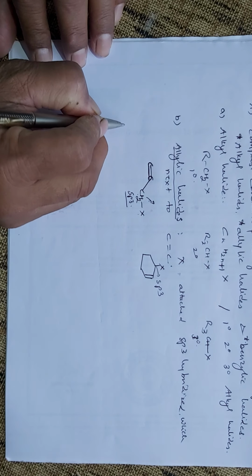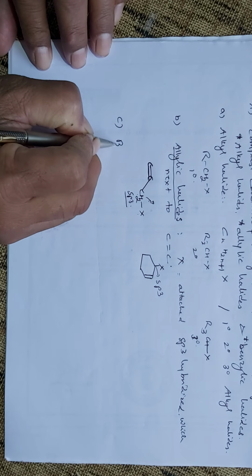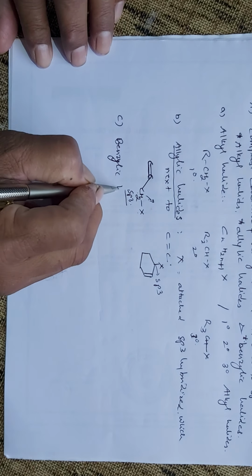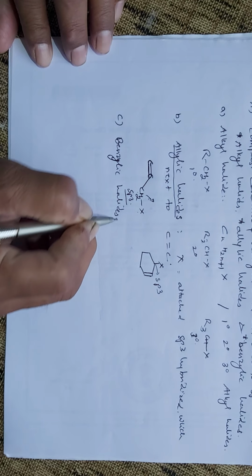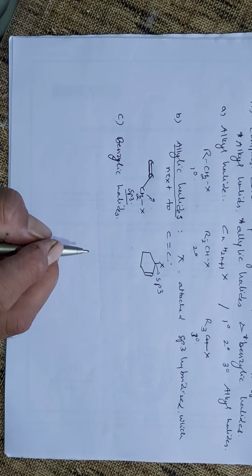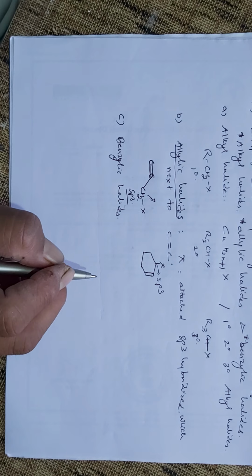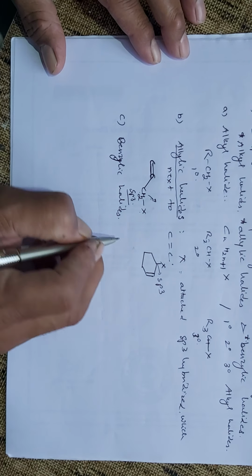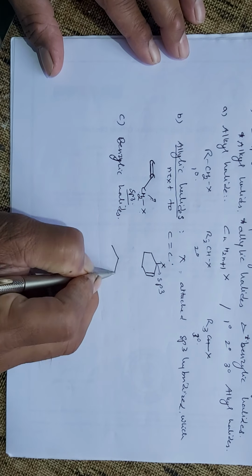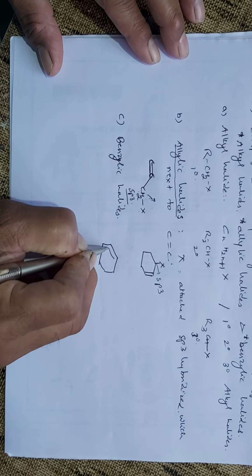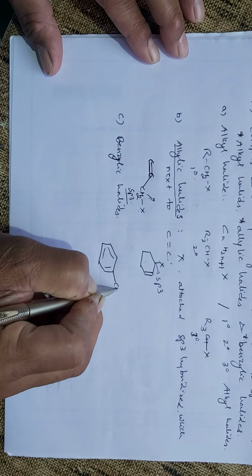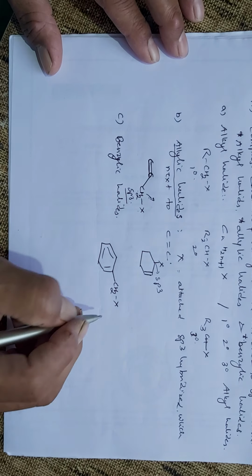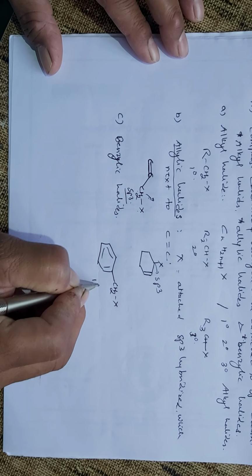Then the third type, benzylic halides. In benzylic halides, the halogen atom is attached to the sp3 hybridized carbon atom which is next to the benzene ring, or we can say it is attached to the side chain of the benzene ring. Here again, this is a primary carbon atom.